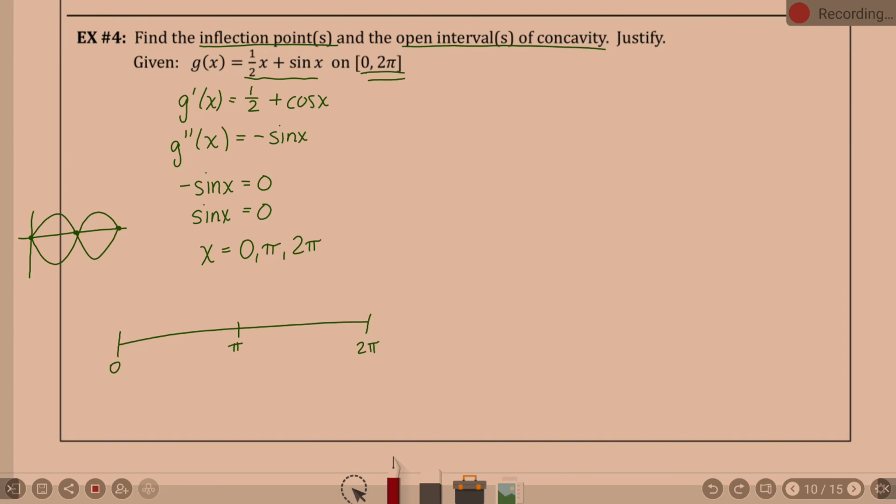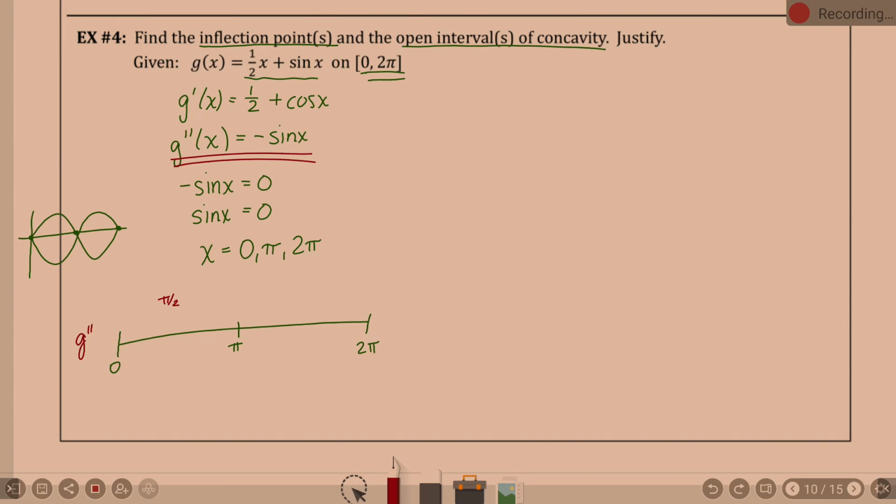Remember, this is the second derivative. Between 0 and pi, if you plug in a value, and not that you have to write it down, but if we plug in pi over 2, because that's an easy value between 0 and pi, we want negative sine of pi over 2.